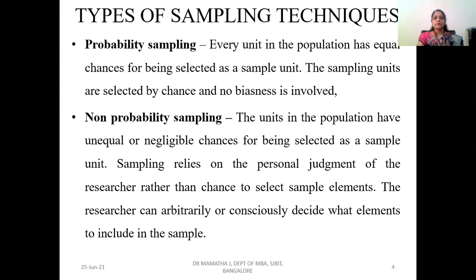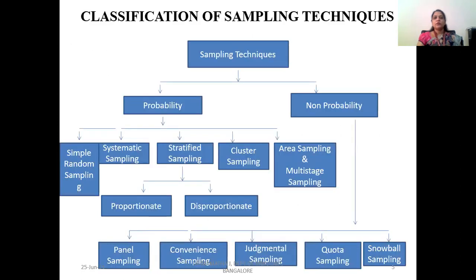Okay. So let us move on to the classification of sampling techniques. As I told you, there are probability and non-probability techniques, and we have different methods under each. Any one of the methods or a combination of methods can be used when you're drawing the samples. Under probability sampling, you have simple random sampling, systematic random sampling, stratified random sampling, cluster sampling, area sampling, and multi-stage sampling.